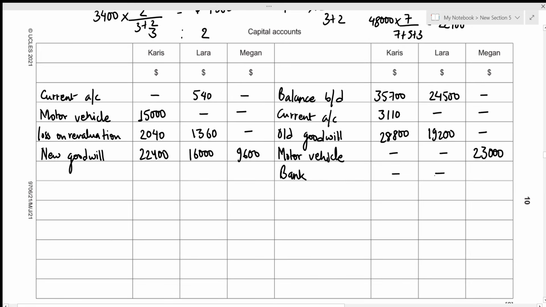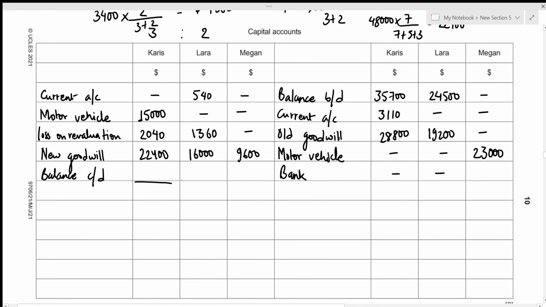The amount is to be determined by equalizing the final capital balance of Lara to that of Megan. So let's just figure out the balance c/d, which will be the closing capital balance for all three of the partners.